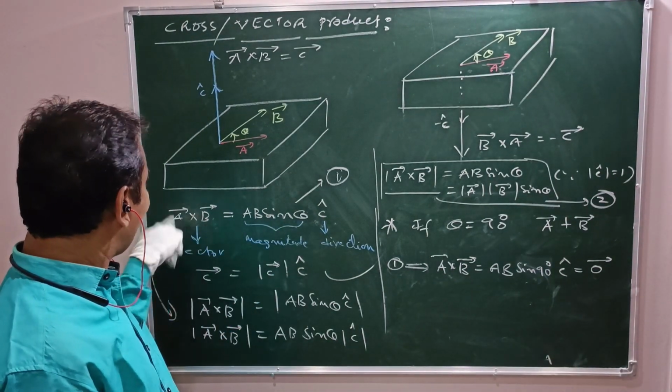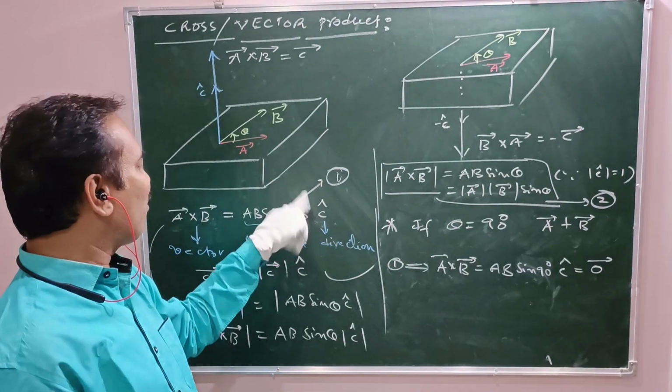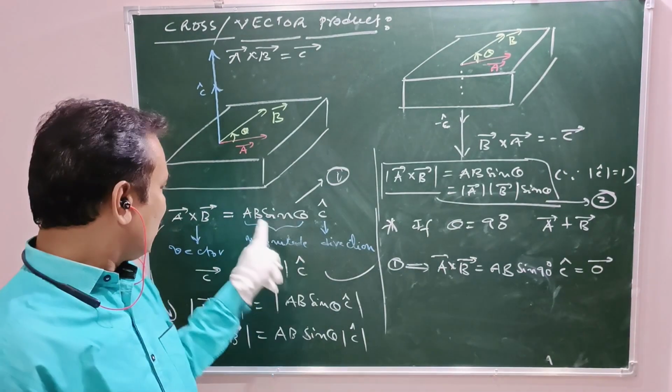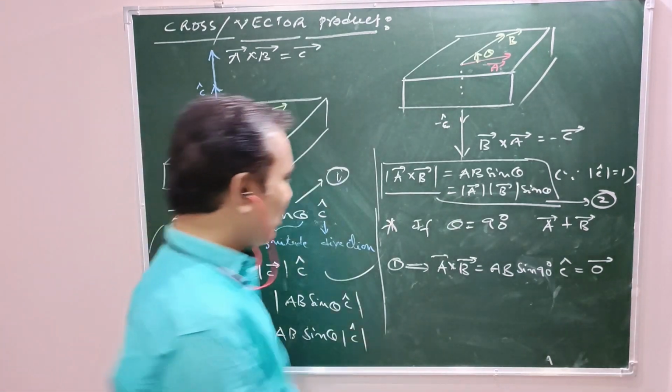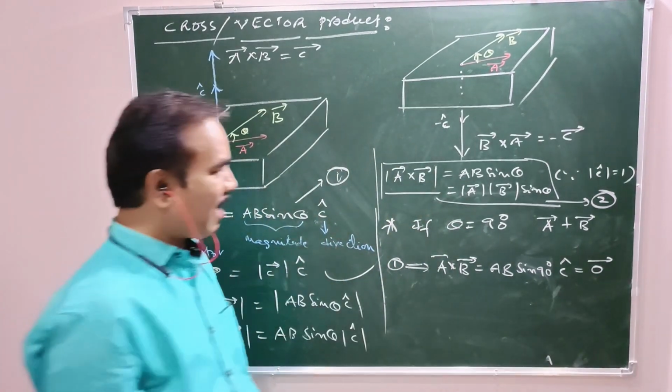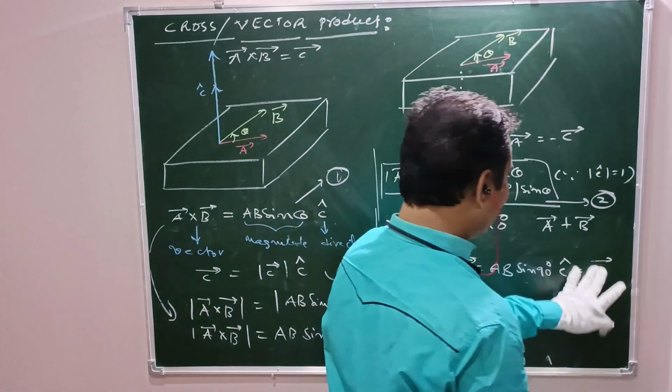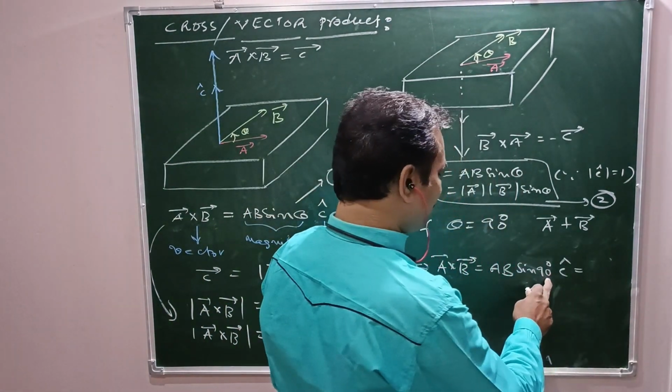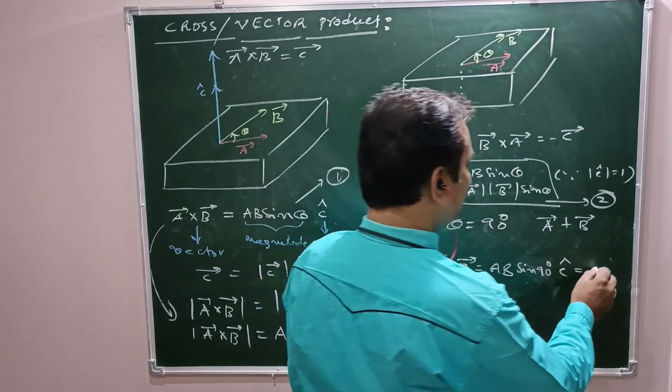If it is modulus, there is no need to write C cap, because mod C cap is 1. Mod A bar cross B bar equals AB sin 90 into C cap. Sin 90 is 1, so AB into C cap.